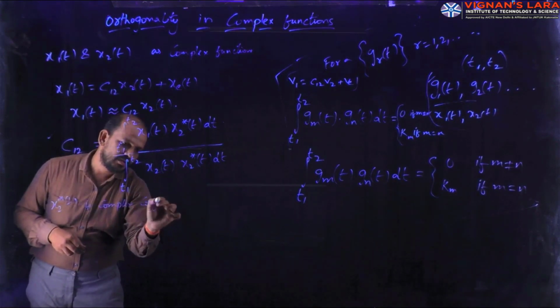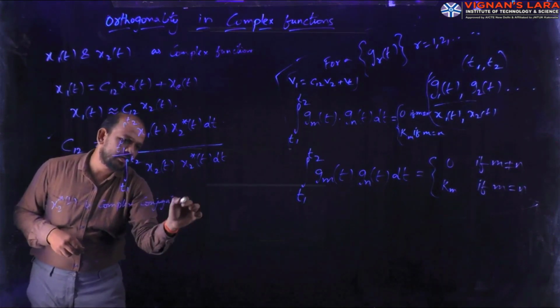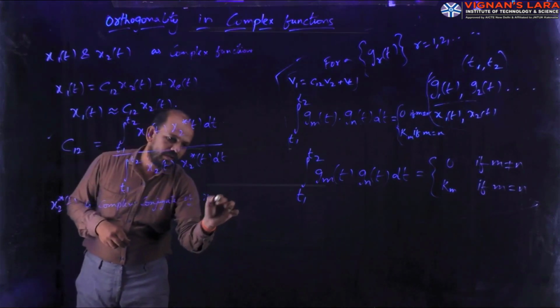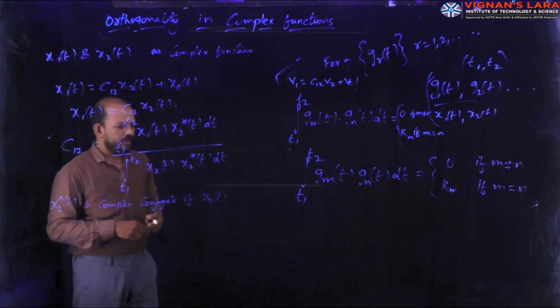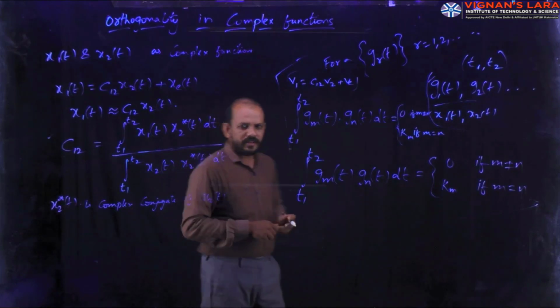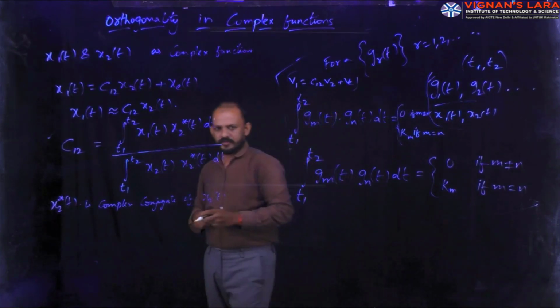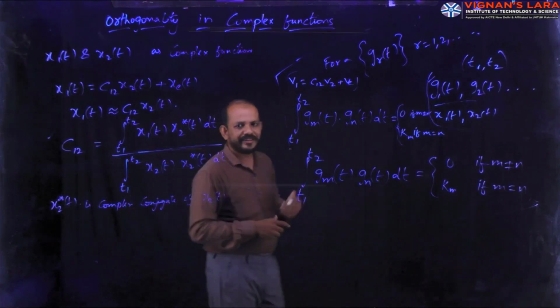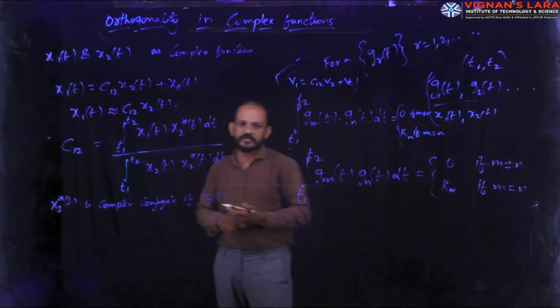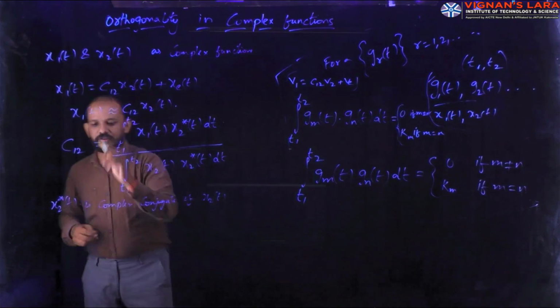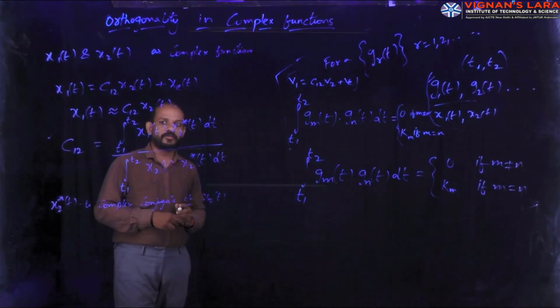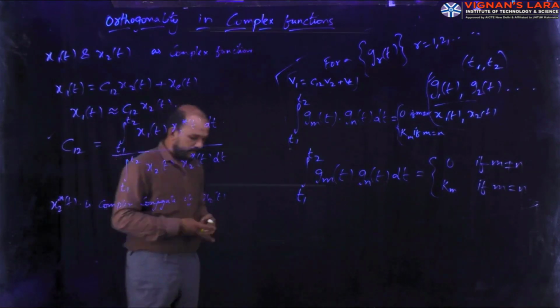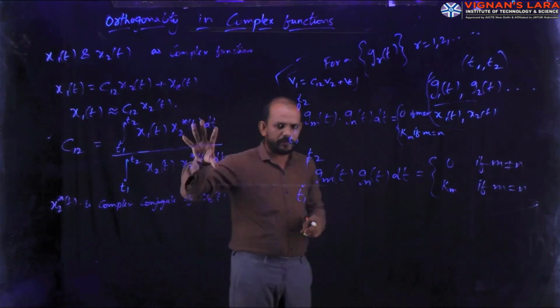If x2 of t is a plus jb, where jb is the imaginary term, then the complex conjugate is a minus jb. So x2 star of t is the complex conjugate of x2 of t.